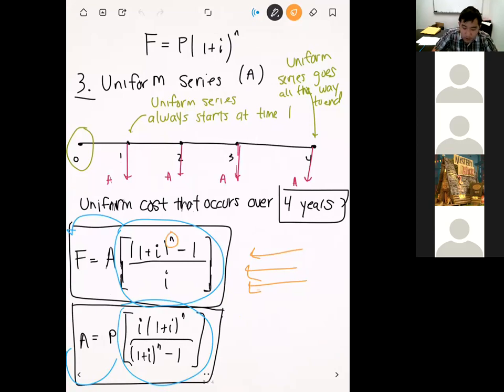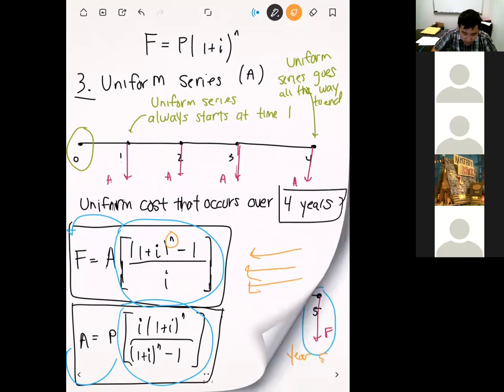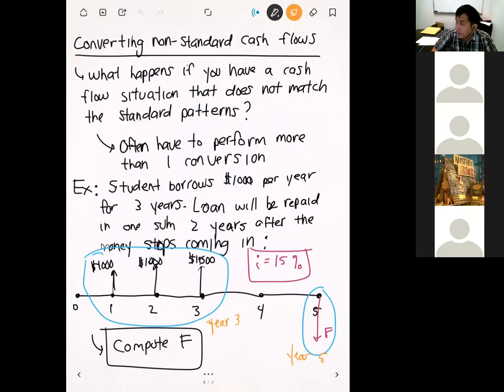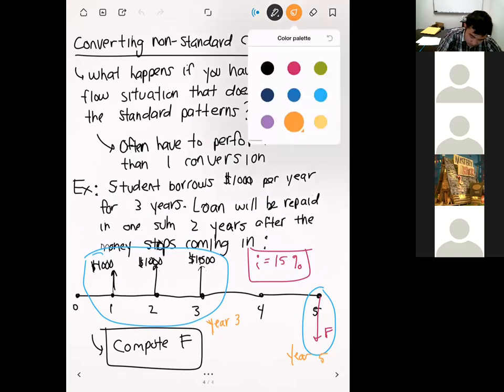And so the question is, do we plug in 5 or do we plug in 3? And so the answer is both, actually, but you're going to do this in more than one step. And so you don't want to plug in 4, and so don't take the difference and plug that in because you're going to get the wrong answer. And so in order to properly do this, we need to perform more than one conversion, because what we have here is a uniform series that's not in standard form.